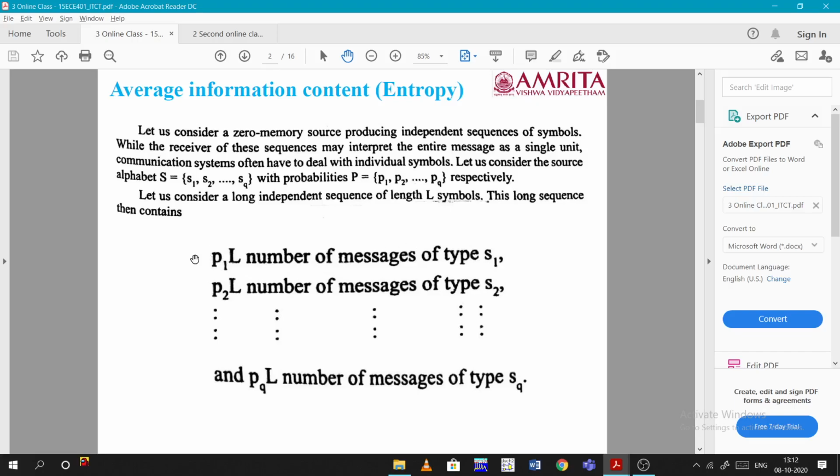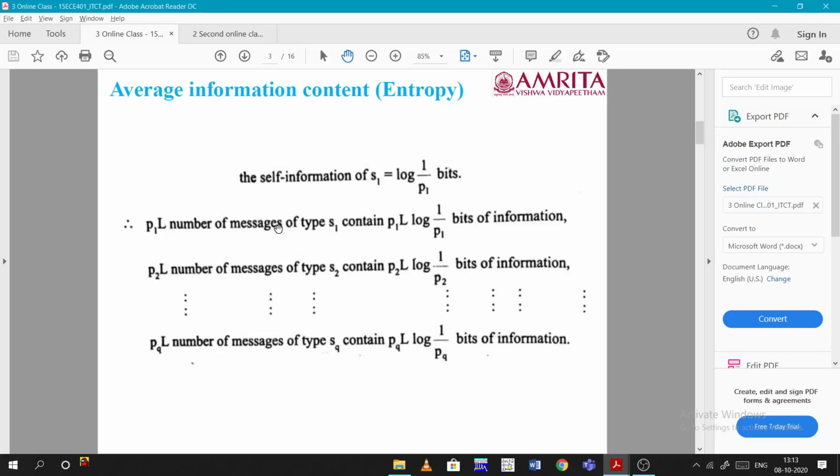P1 is the probability. When you multiply this probability with the length, we can find out how many in the entire length are of this type. For example, to know how many of type S1 are there in the entire sequence, multiply the probability of S1, that is P1, with the entire length L. Similarly, P2 into L are the messages of type S2, and for SQ it is PQ into L. For the self information of symbol S1, we have log 1 by P1 bits.